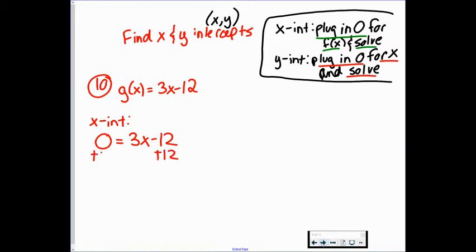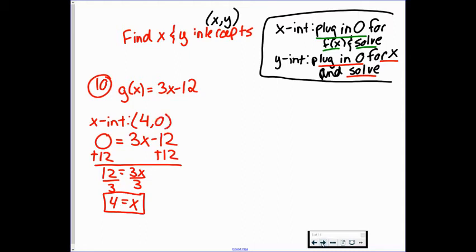Add 12 to both sides. So 12 equals 3x. And divide both sides by 3. So 4 equals x. That means that 4 is the x value and 0 is the y value, because that's what I used for g of x.